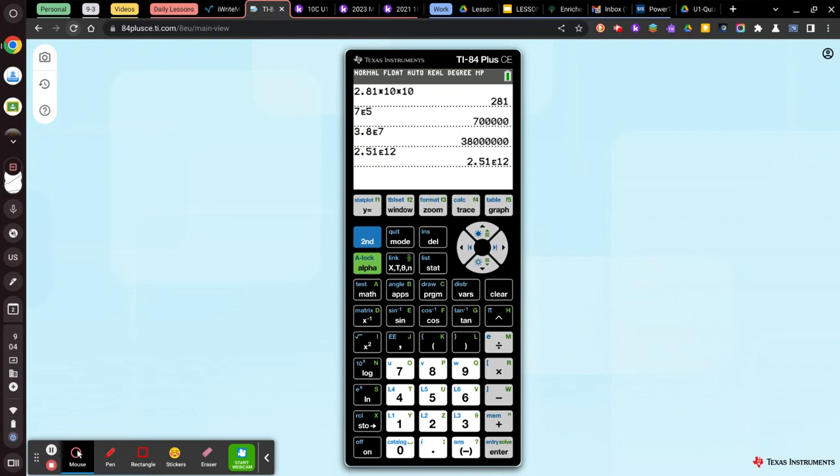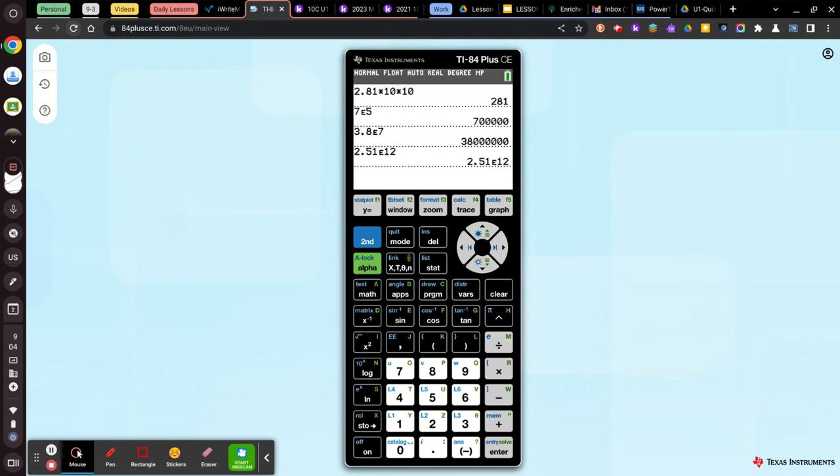Why do you think it's just giving me E12 back? It's too big. That's the reason it's giving me the E12 again. It's not going to show me all those zeros. So you're seeing up here for an E5, times 10 to the 5, it'll show me my zeros. Times 10 to the 7, it's going to show me my zeros. But when you get to a certain point, your calculator's not going to show you all those zeros. It's going to just put it back into scientific notation.